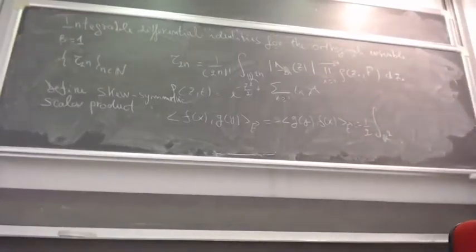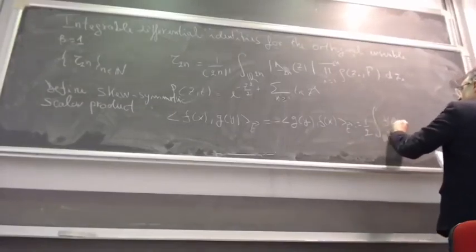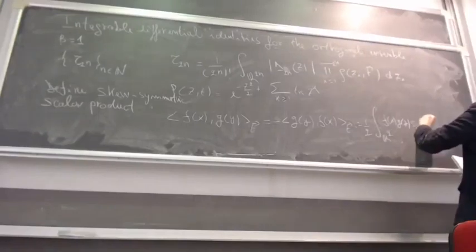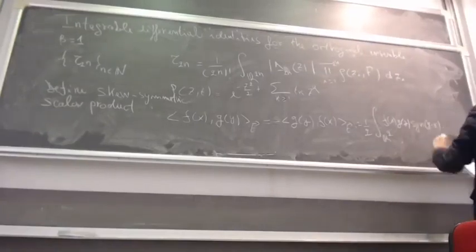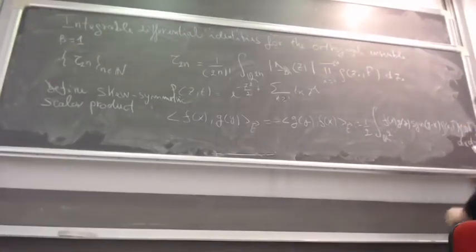Not a one-dimensional integral, it's a two-dimensional integral: f(x) g(y) times the sign of y minus x times rho(x,t) rho(y,t) dx dy.